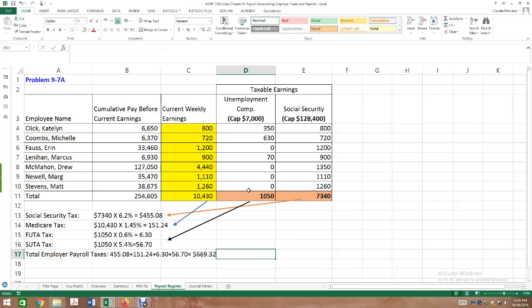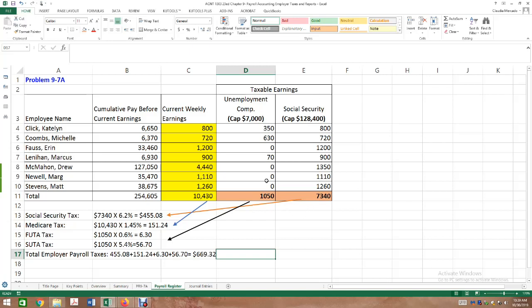Now we've done all of the calculations. First, we identified how much of our weekly earnings were taxable for unemployment and Social Security. For unemployment, we pay unemployment taxes on the first $7,000 of earnings. So out of the weekly pay, how much of it is taxable for unemployment purposes? For Social Security, we have a cap of $128,400. How much of it is taxable for Social Security purposes?